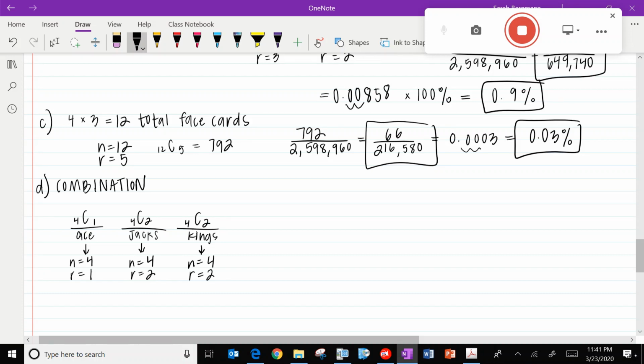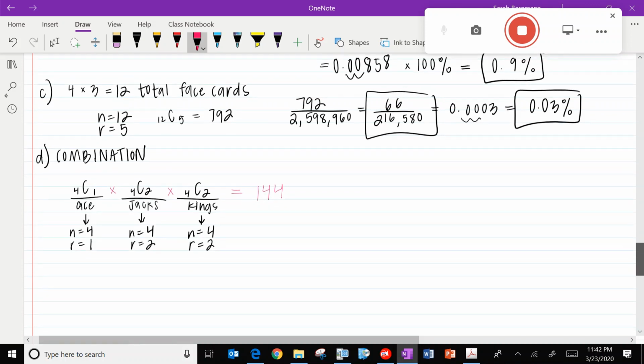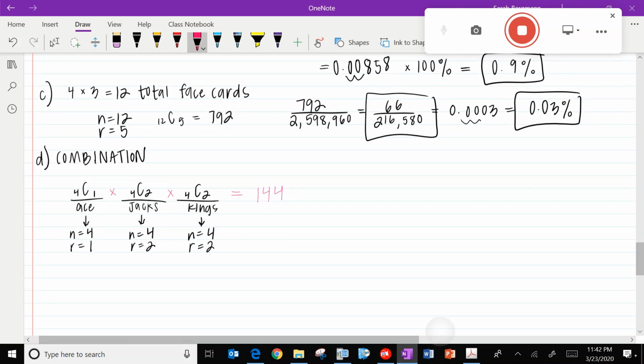Now to find the total number of possible outcomes, I multiply each of these events together. That gives me 144. Now that's not answering the question though, again, because it's probability.